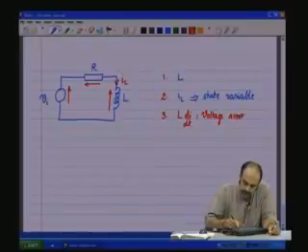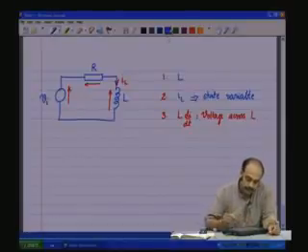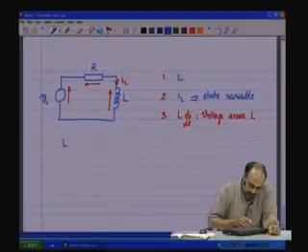So applying this third condition, we have L dIL by dt equals.